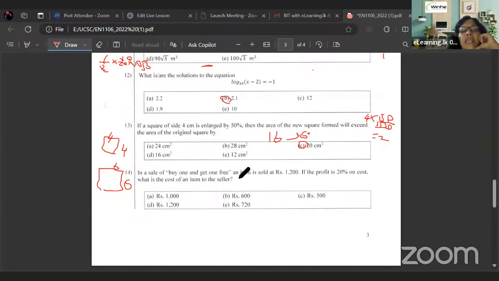So here it is buy one and get one free again. So both items are sold for 1,200. If the profit is 20% on cost, right? What is the cost of an item to the seller?